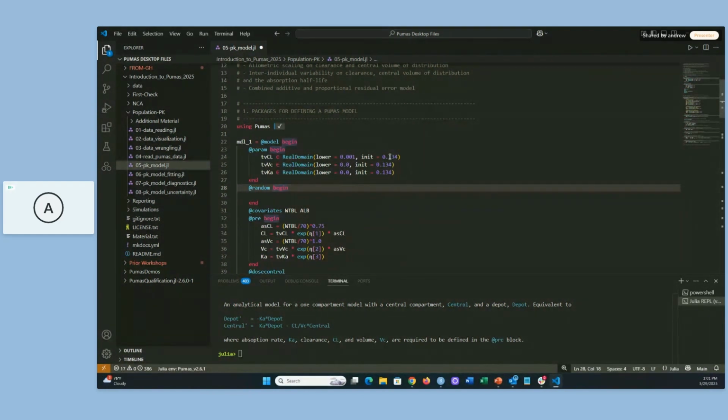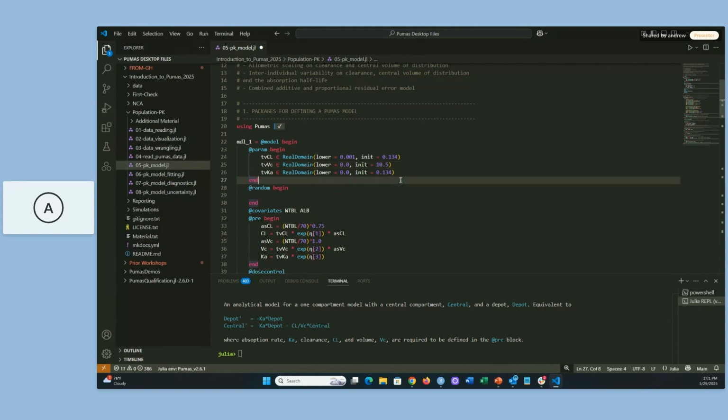And of course, your initial estimates should come from an informed perspective. Typically, you'll have an NCA analysis beforehand. So I'm just going to make up some values here.